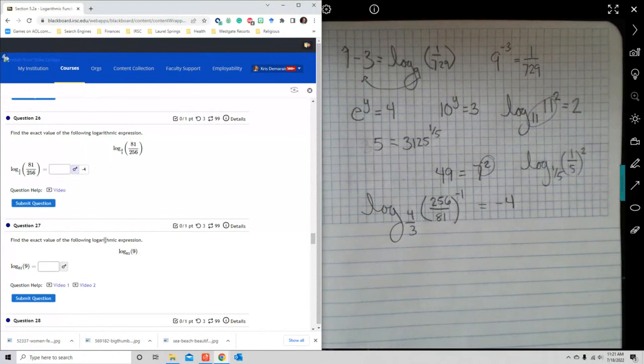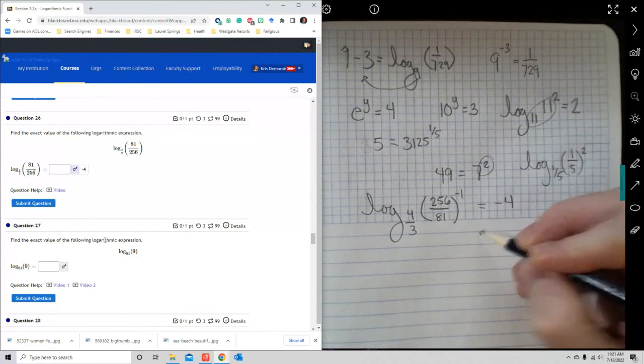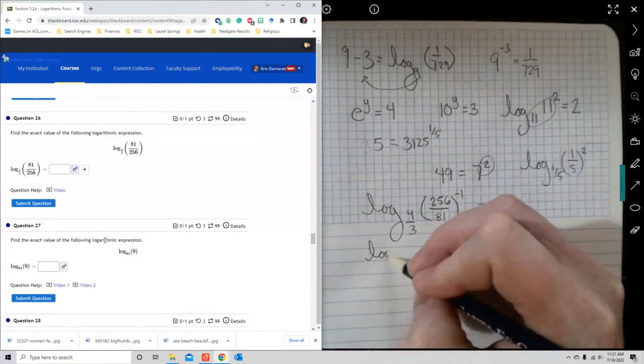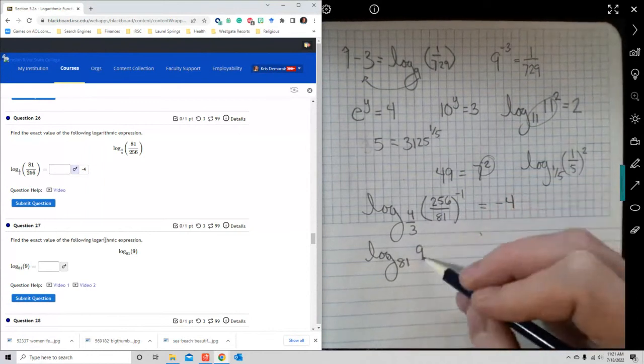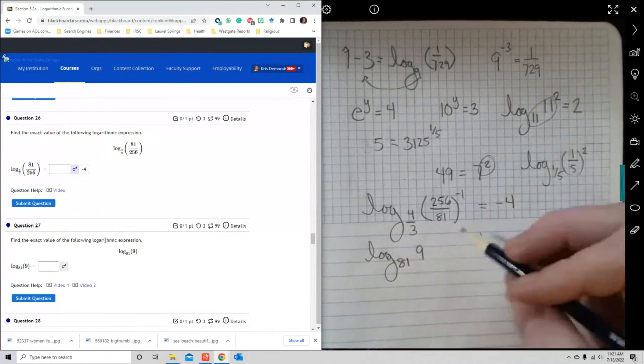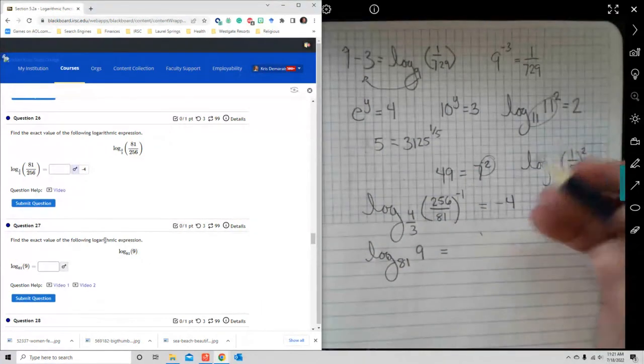All right. And then when we're looking now at 81, I'm going to do this one for you too. Log base 81 of 9. We need to make this 81 because we've got to get them to match. So how can we make 9 become 81?